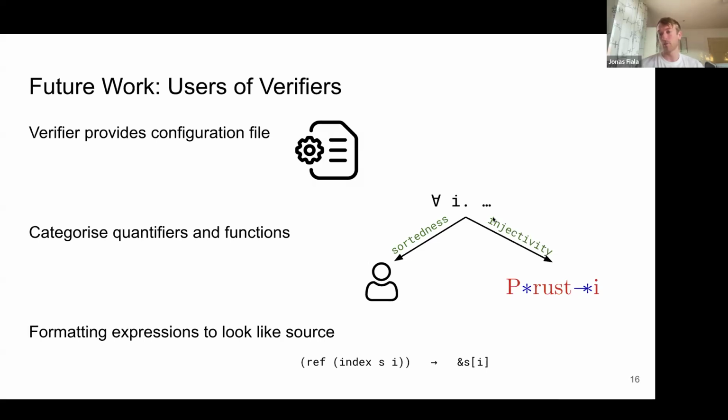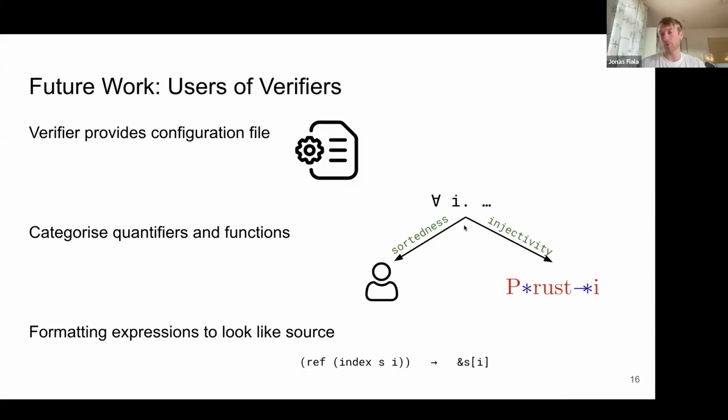Whereas if we had the verifier adding some injectivity axioms that the user has never seen, those quantifiers, it's just the verification tool itself adding those directly into the SMT file, then those could be categorized as verifier quantifiers and hidden from the user. So these injectivity axioms, as we saw, they can have issues, but that's up to the verification tool developers to fix those issues.